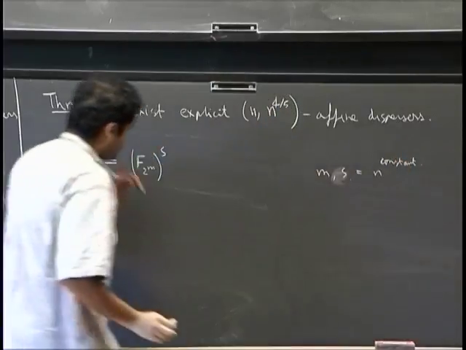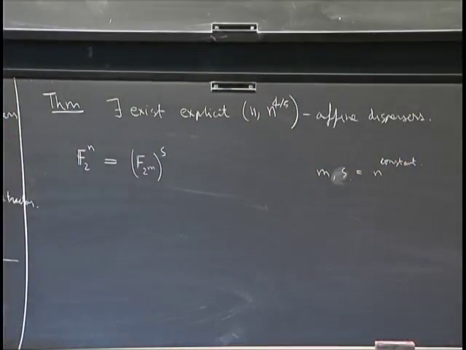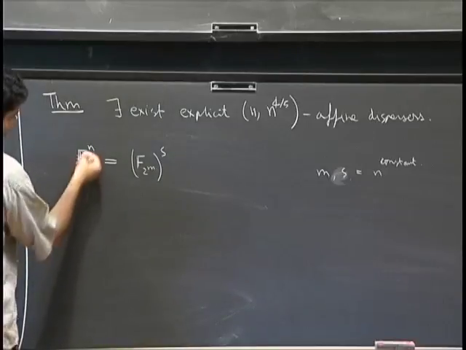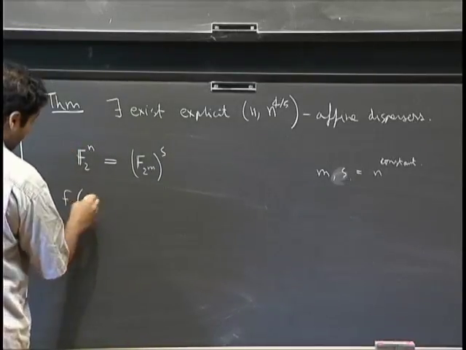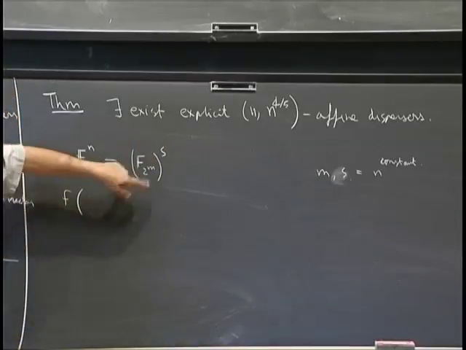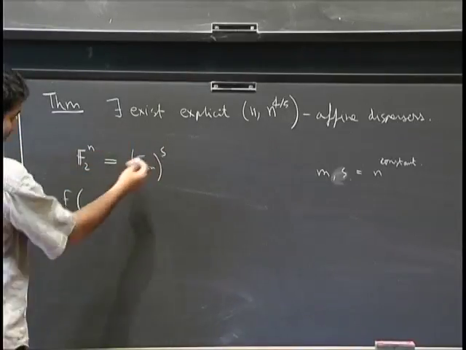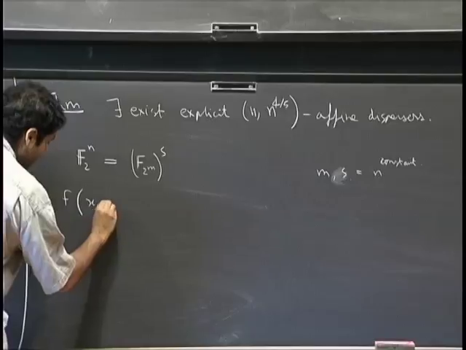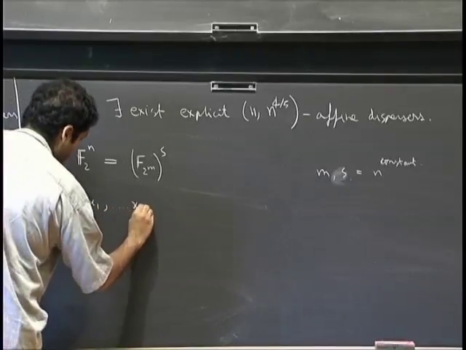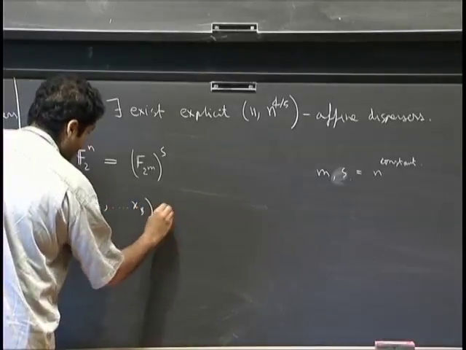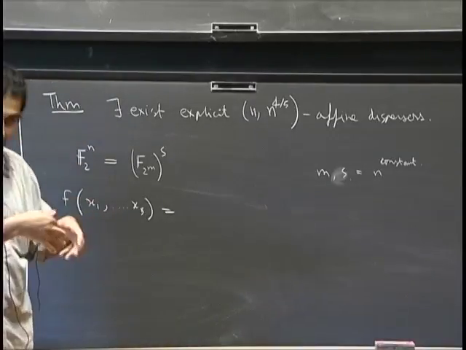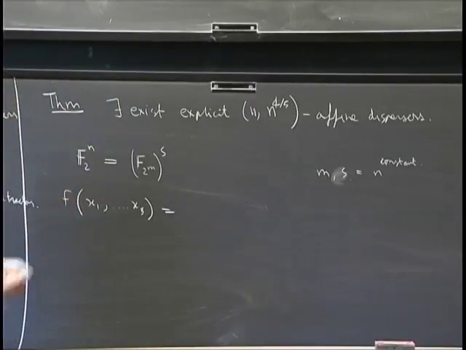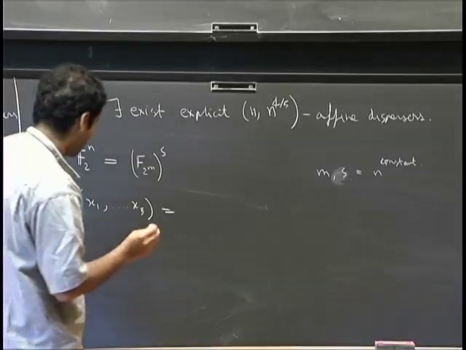Then any input x in F2 to the n, if I'm defining this function f from F2 to the n to F2, I can treat it as an s-tuple of elements from F2 to the m. So I look at x1 up to xs, and I am going to plug these xi's into some polynomial and output the value. Let me just tell you what that polynomial is.